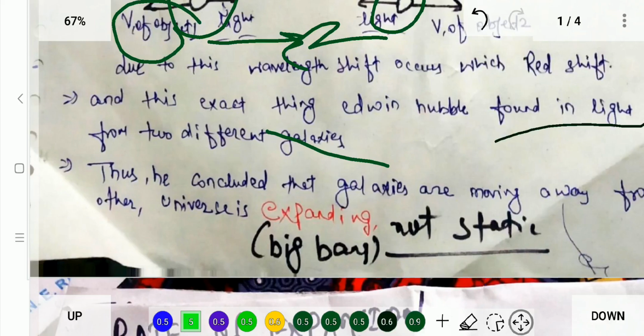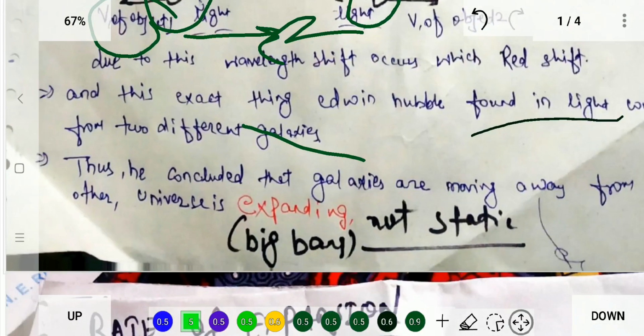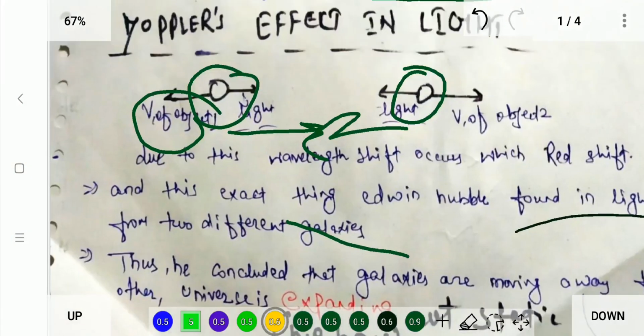We know that currently the universe is really expanding, but at that time Einstein also believed that the universe is static. But this is a big discovery, that the universe is expanding. And how did we get that idea? That galaxies are moving far away from each other because the light coming from galaxies is red shifted. If red shifted, they must be moving away from each other according to this scenario.